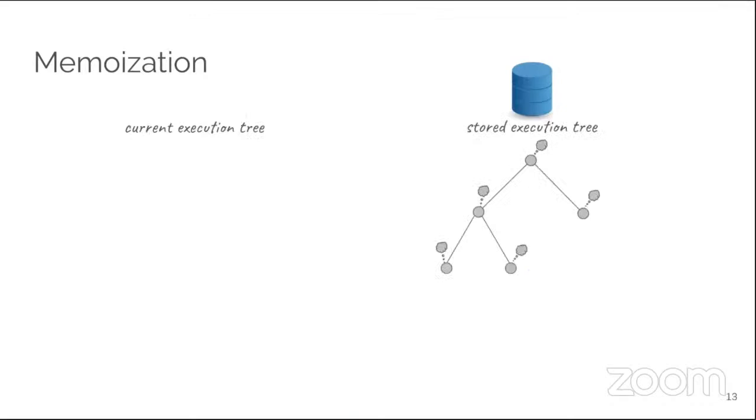Let me show you an example. Let's assume that we have already recorded a symbolic execution run and the tree with all our results is stored on disk. In a subsequent run, we start with the initial state shown as a green circle. Before the execution starts, we read its metadata from disk and attach it to the node. The metadata contains all solver results up to the next branch.